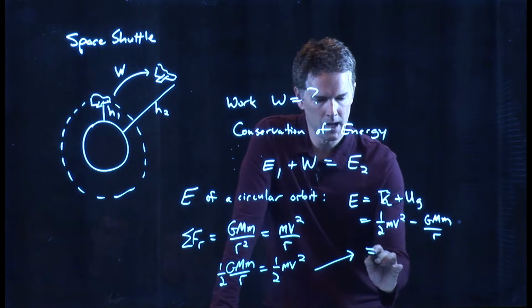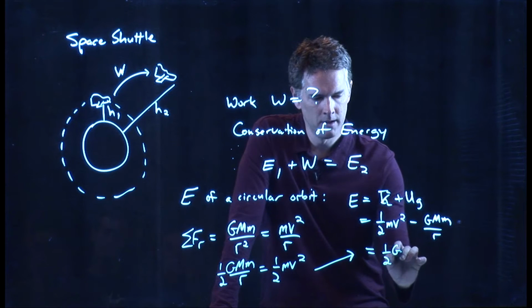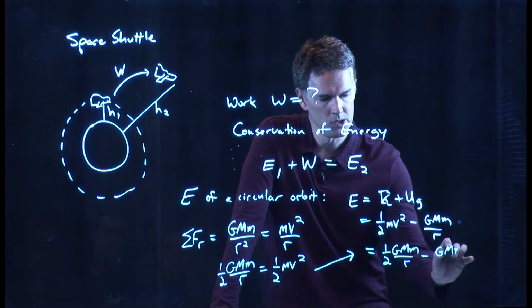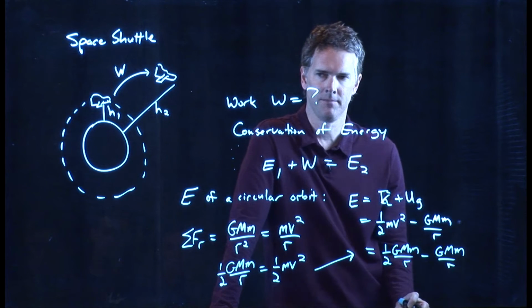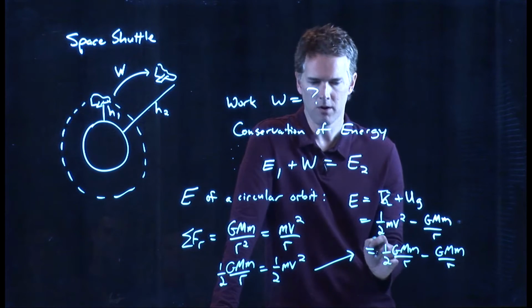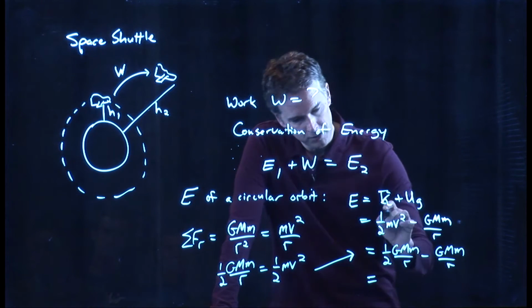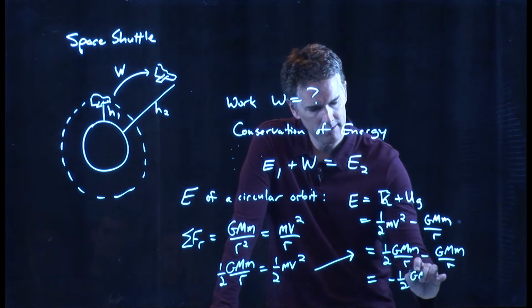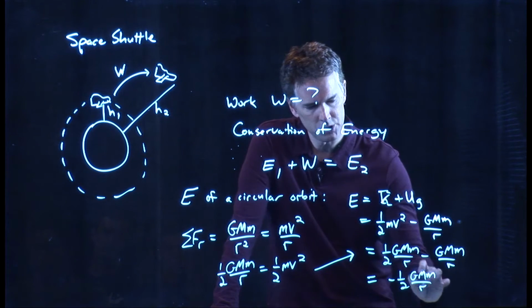And look what we get. We get 1/2 GMm over r minus GMm over r. But that has common factor GMm over r. So it just becomes 1/2 minus 1, which is negative 1/2 GMm over r.